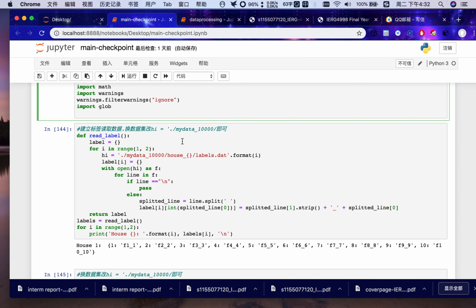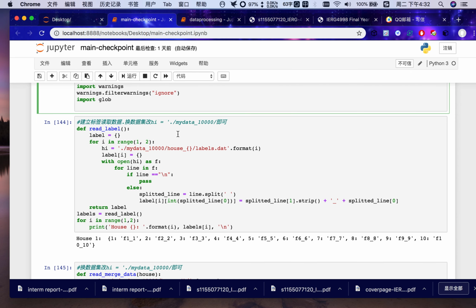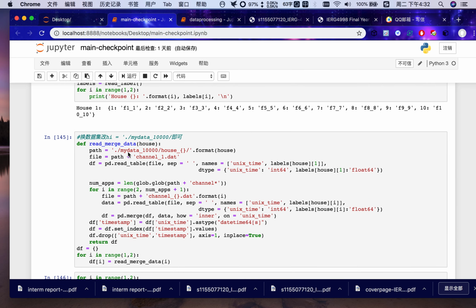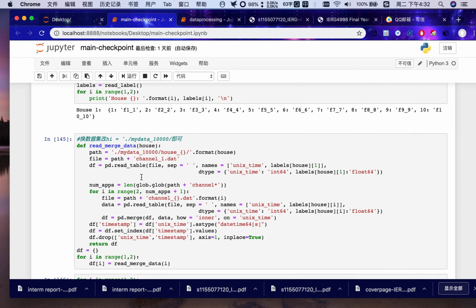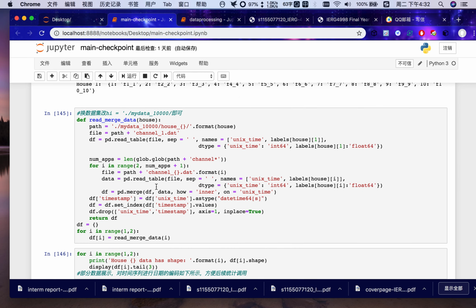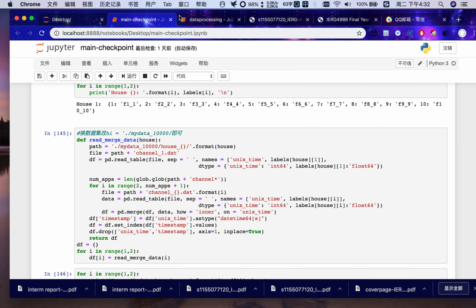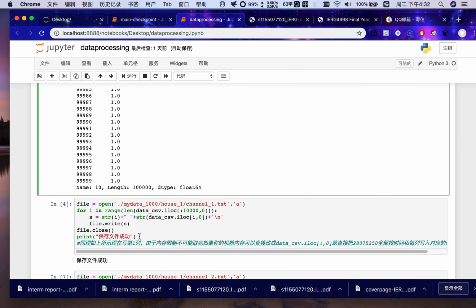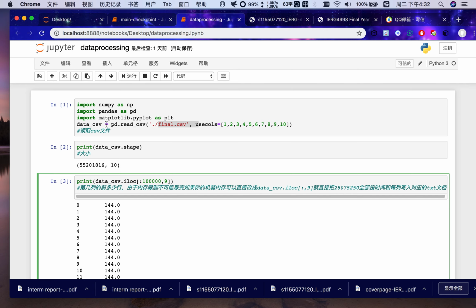So first, I will divide it into these nine electronics individually, and I change this CSV data into RDD format. This code helps me take the labels on this dataset.